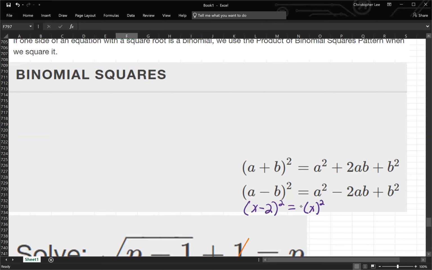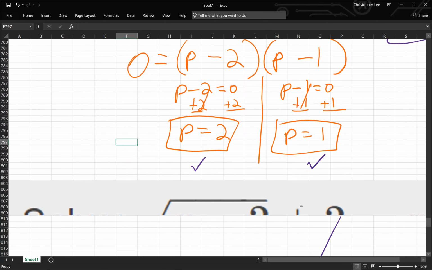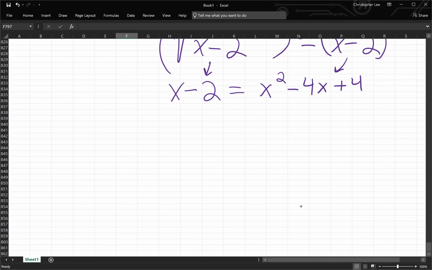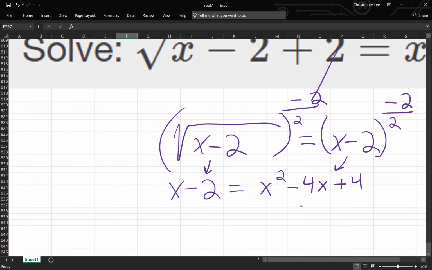That's x squared minus 2 times x times 2, plus negative 2 squared. Light work. You should know your content. x squared minus 4x plus 4. Same thing, I'm just copying that formula. See? That's the secret.